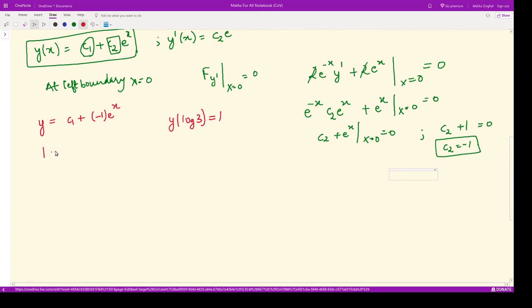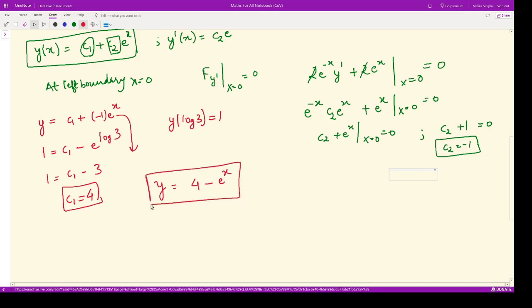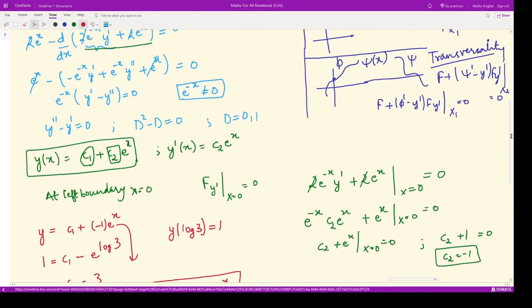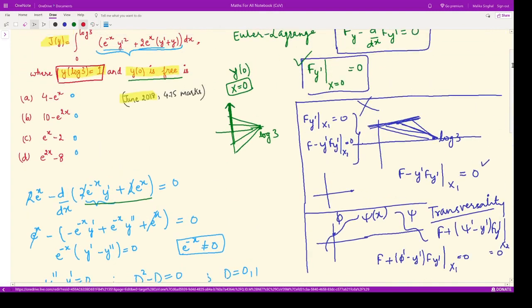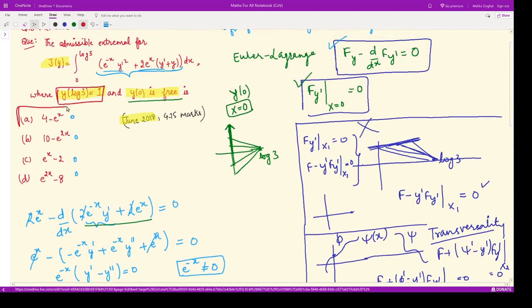So we have 1 is equal to c1 minus e to the power log of 3. So c1 minus 3. So you get c1 is equal to 4. So our y now becomes 4 minus e to the power x. So this is our answer. This is our extremal. So let us see what is the correct option. So the correct option is A, 4 minus e to the power x.